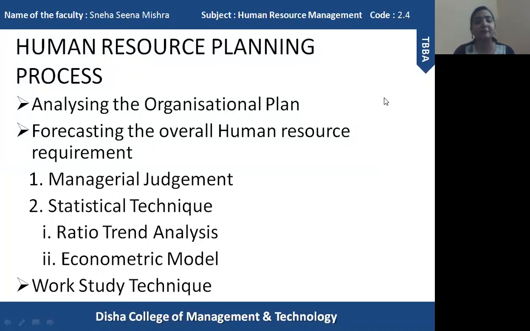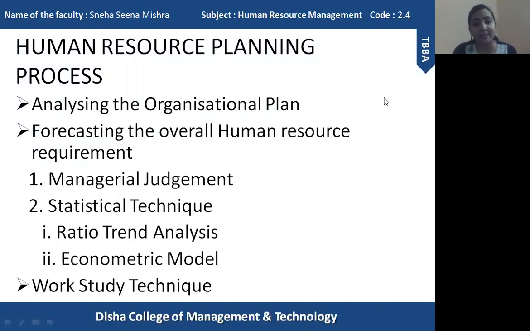So the first step of the process of HRP is analyzing the organizational goal. Like I said, organizational goals need to be analyzed, but in a proper manner. First of all, they need to find out what the various plans of the organization are, whether it is a production plan, a marketing plan, or various other types of plans relating to all the departments.